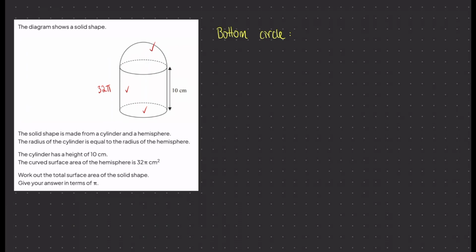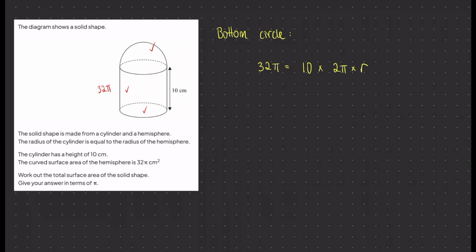We're going to have to work backwards here in order to find the radius of this bottom circle in order to work out its area. If we know the curved surface area is 32 pi, we know the way to work out the curved surface area is the circumference of the bottom circle times by the height of the cylinder. So that's the height 10 there. And the way to work out the circumference of the bottom circle is 2 pi times r.